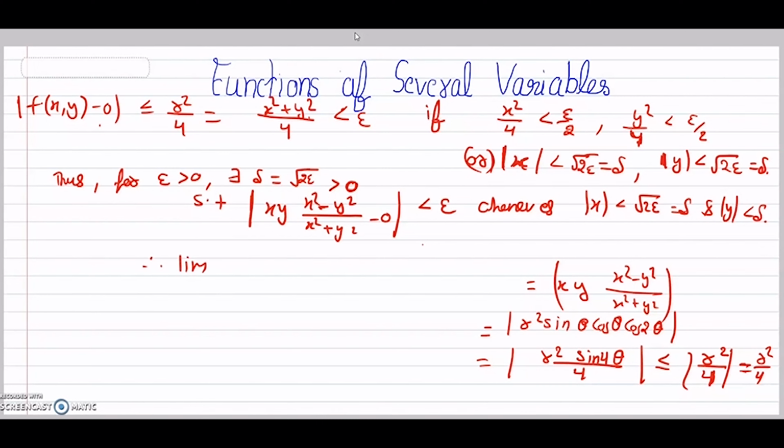Therefore, limit of the function when (x,y) tends to (0,0) is equal to 0. Fine.